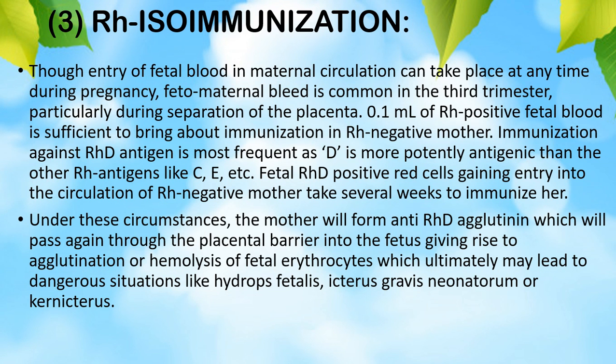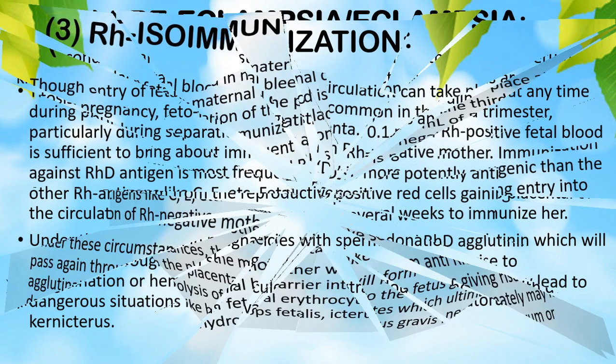Then the mother will form anti-RhD agglutinin, which will pass again through the placental barrier into the fetus, giving rise to agglutination or hemolysis of fetal erythrocytes, which ultimately may lead to dangerous situations like hydrops fetalis, icterus gravis neonatorum, or kernicterus. That is Rh isoimmunization.